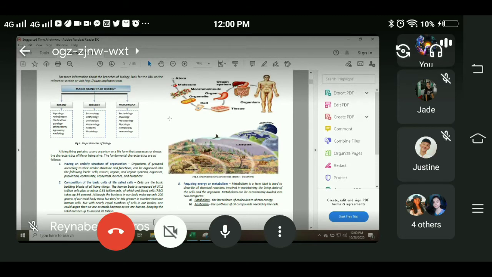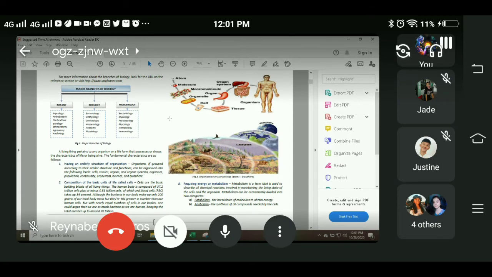Organism, population, okay, community, ecosystem, biomes, and biosphere. Doon siya kinakategorize. Okay? Kapag igugrupo siya. Halimbawa, 4 ang paa, halimbawa, 3 ang paa, 2 ang paa. Kinakategorize sila sa ganun. Diba? So, they are being grouped into an orderly structured organization na tinatawag.